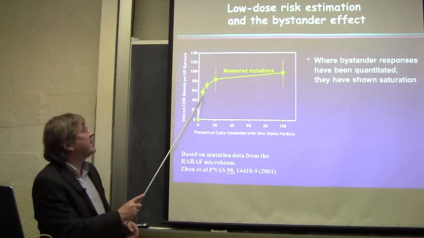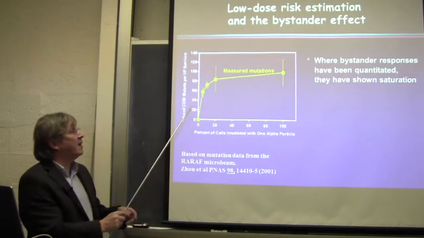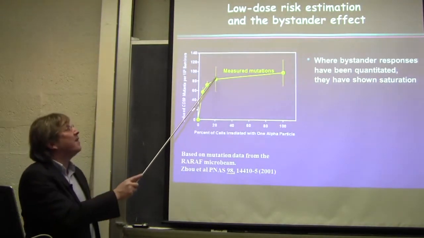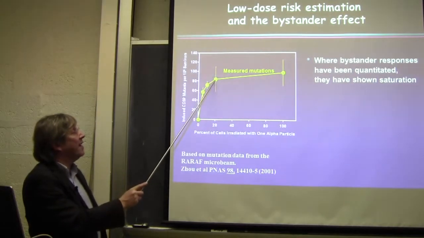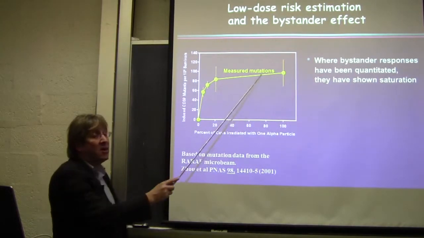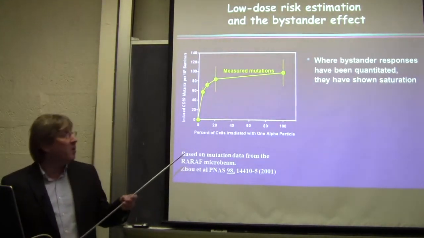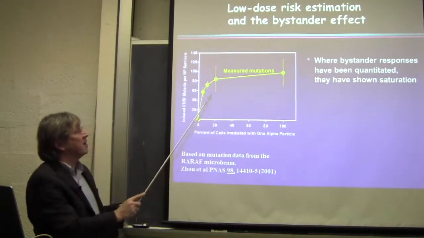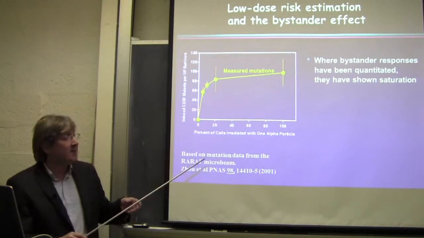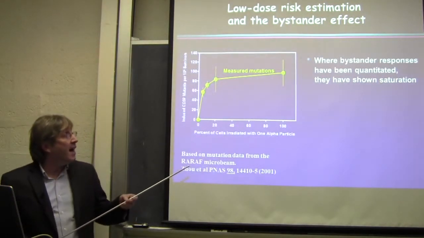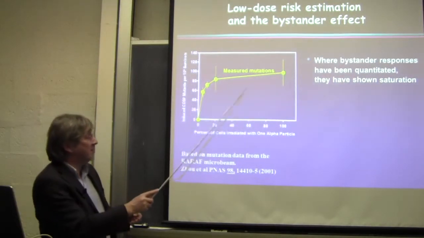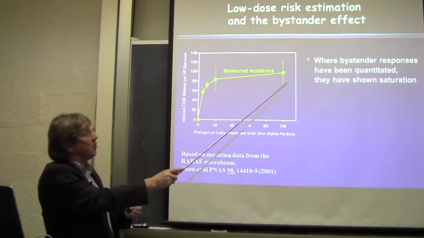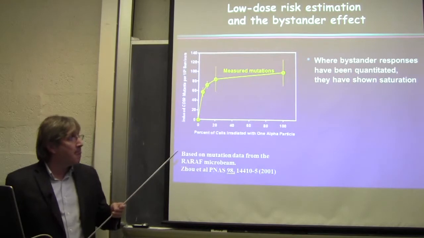And you see this interesting shape in terms of a dose response, which is really quite interesting: you get the same effect whether you irradiate 20% of the cells or 100% of the cells, which is really quite extraordinary. But you see the shape of this dose response curve, which is basically saturating. It's downwardly curving, and as you go up in overall dose, you get smaller and smaller increases in risk.